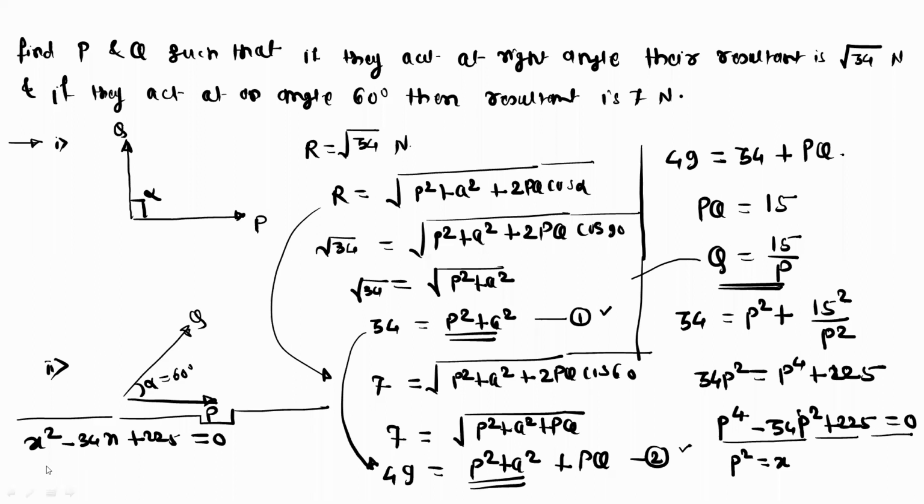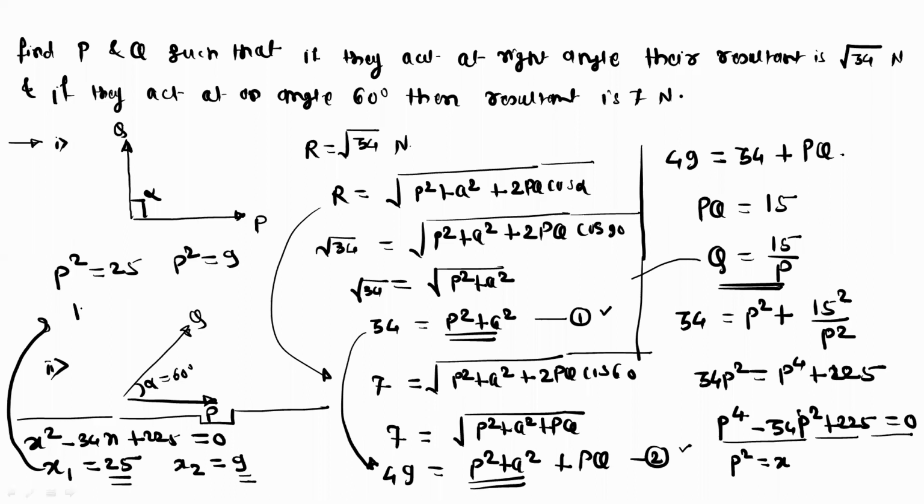So you will get two roots. One is x1, equal to 25, and the second root is x2, equal to 9. Basically this x value is nothing but p square. So the first value is p square equal to 25, and the second value is p square equal to 9.